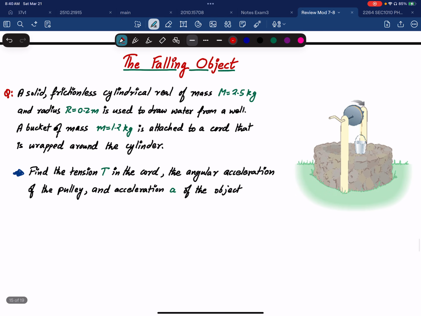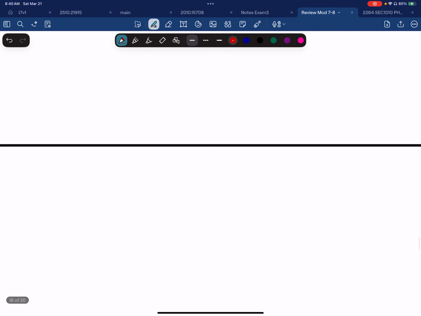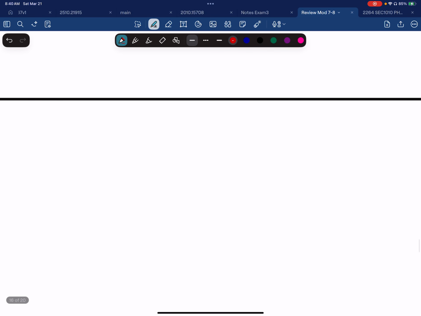The first of which was the falling object. Okay, so we take a pulley with a mass m and a radius something, and then there is a bucket of mass something. It's attached to a cord and falls. So the whole thing is again to find out the tension and the acceleration. To understand the system, we draw out the system again.